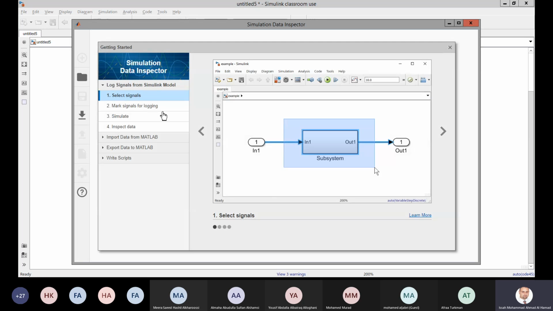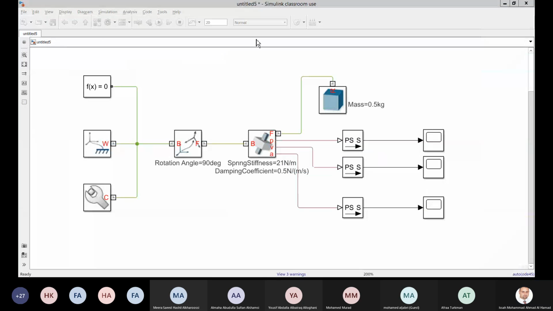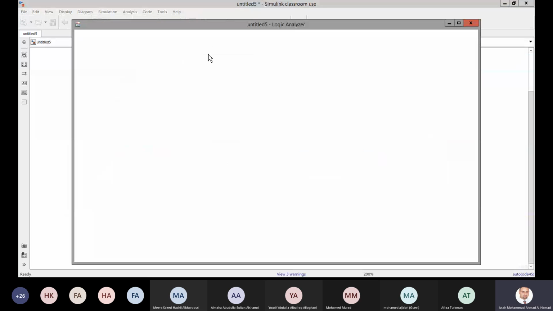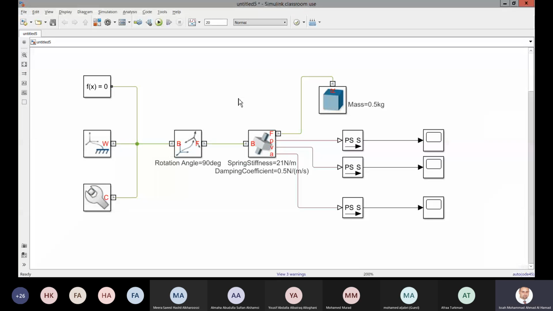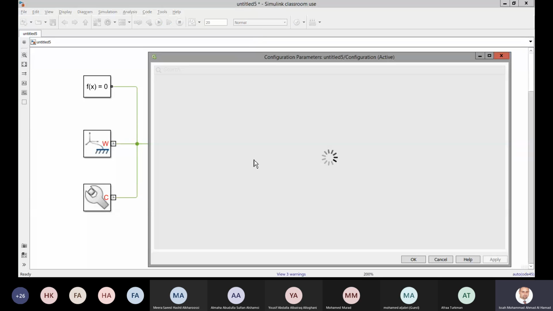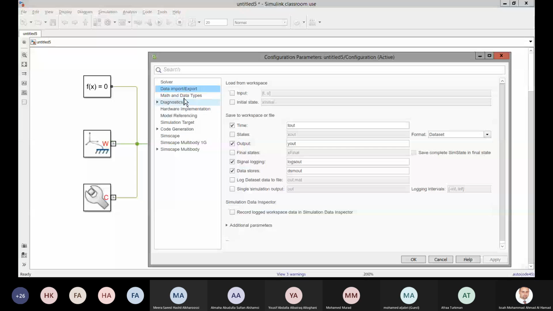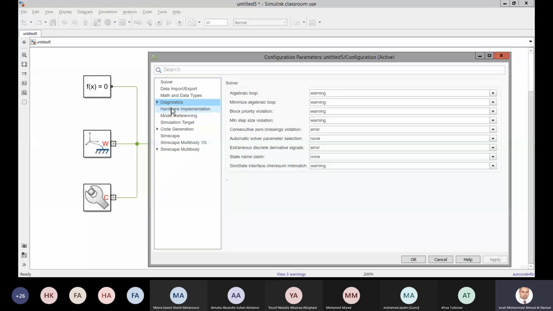Here it's done automatically, but I'm sure there is something here that can change the time step.